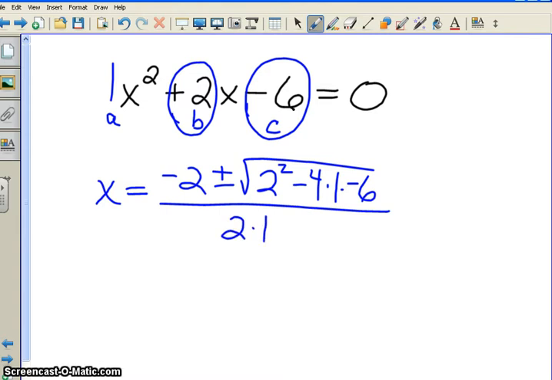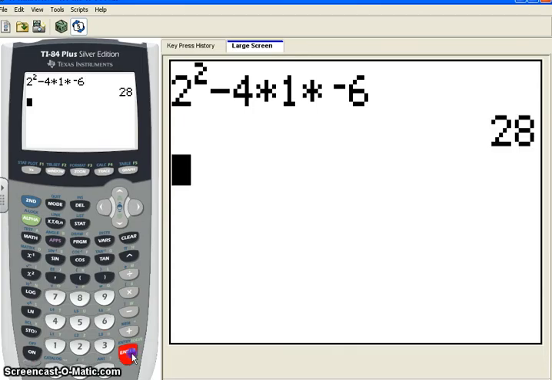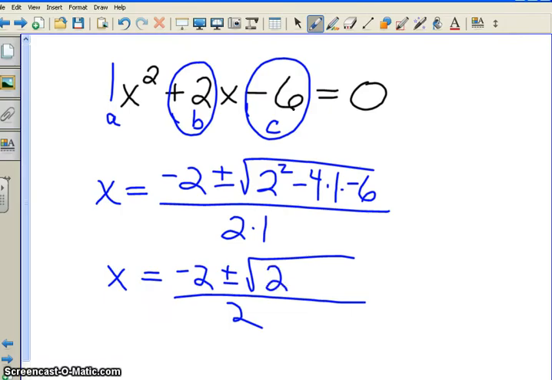And now again, we just need to simplify this. So I will take my calculator and simplify that b squared minus 4ac part, which is positive 28, so no negative underneath that radical, so we don't have imaginary roots, which is what the graph was showing us.